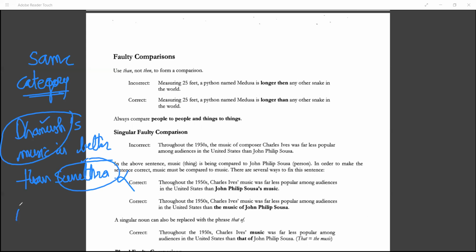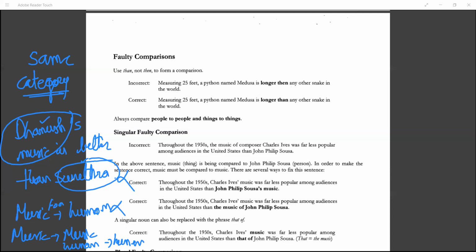So indirectly, you're comparing music to a human. Understood? Which is wrong. You're supposed to compare music to music and human to human. So the sentence has to be Dhanush's music is better than Sunetra's music.